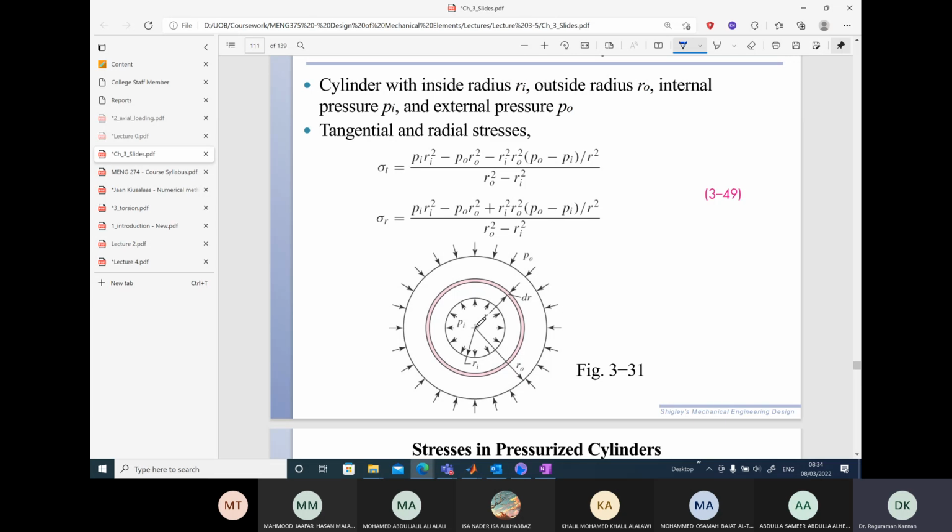In this particular case, we are not going to write the stresses in the Cartesian coordinate system as sigma xx, sigma yy, etc. Rather, we are going to write them in the cylindrical coordinate system. In the cylindrical coordinate system, you have sigma RR and sigma TT, the tangential stresses. So what are these stress components you will see? You write it in a cylindrical coordinate system, and these are the components.